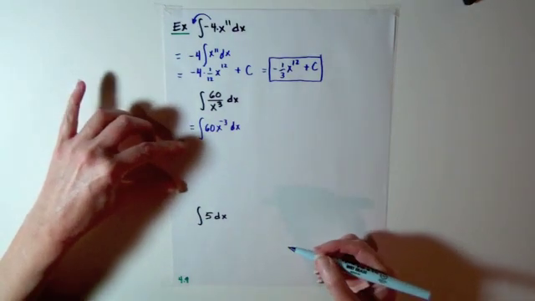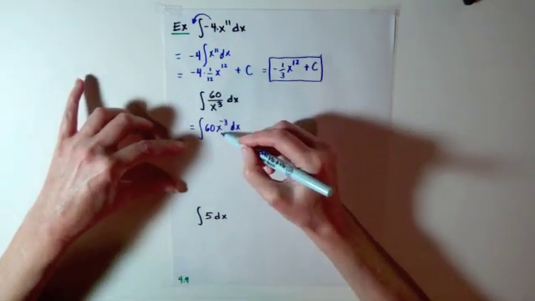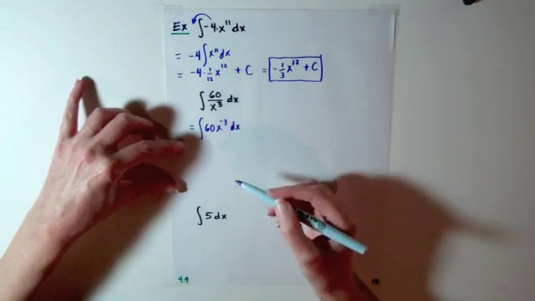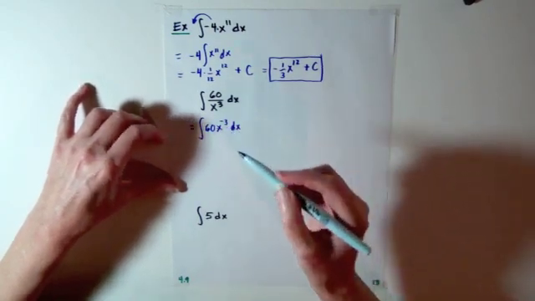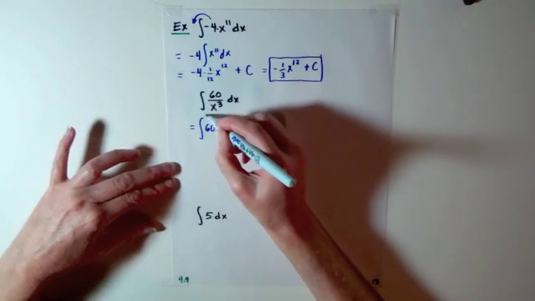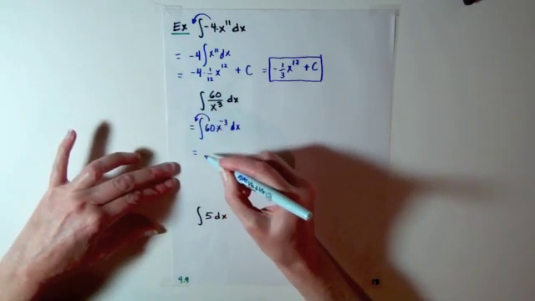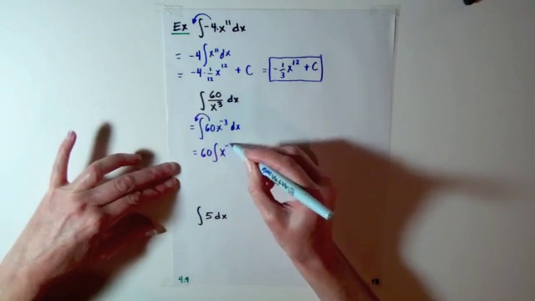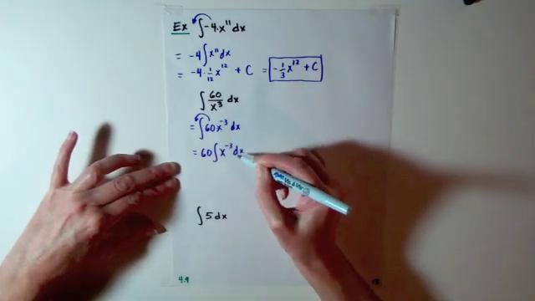So that looks a little bit better because at least this is now a power of x instead of the power of x being down in the denominator. The 60 is a constant multiple, so I get to pull that outside of my integral sign. So I would get 60 times the integral of x to the negative 3 dx.